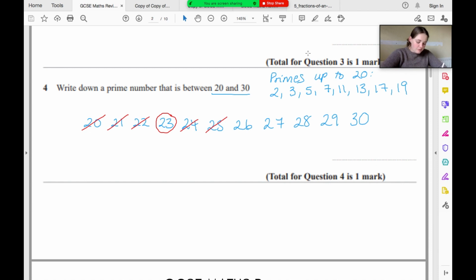Well, it could be divided by 2, so that's not a prime. 27 can actually be divided by 9. 3 9s are 27, so that's not a prime.